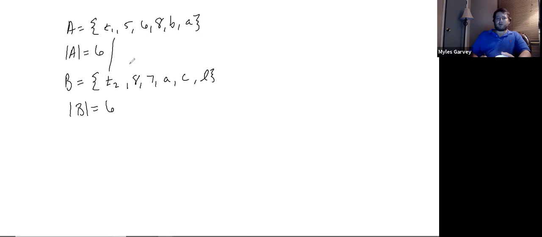Notice that we can put each of these sets in a bijection with each other.